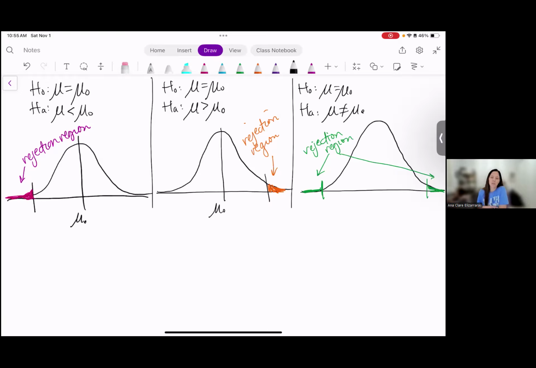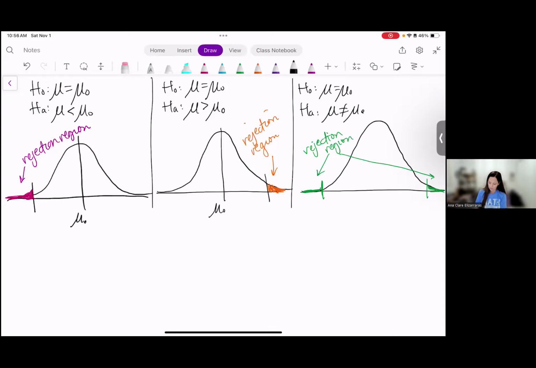Now, in our class, remember, we have this arbitrary 5% that we're using, but it's really dependent on what you're dealing with and what the consequences of your error are as to what level of significance you should be using. So if you're in medical trials and one consequence of error is death, then you need that level of significance to be very, very small so that your probability is very, very small. You don't want to have that probability of committing a type 1 error to be large, because you don't want that to occur, and you don't want that possibility out there.